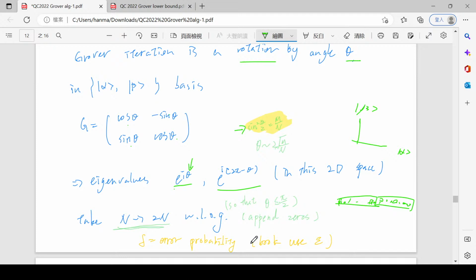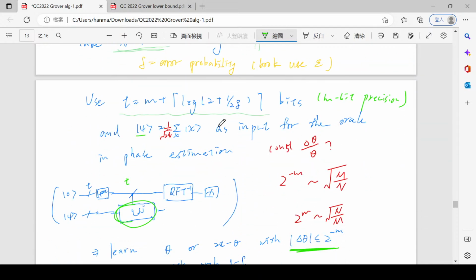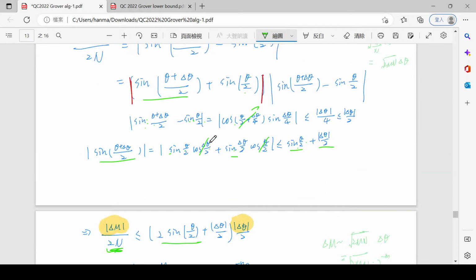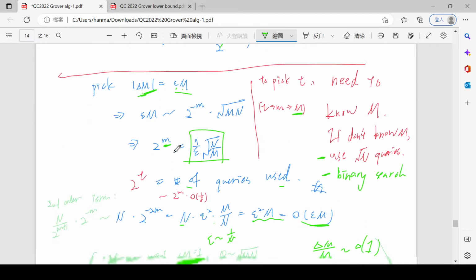So that's the idea. And then we run through a whole bunch of calculations to see what the precision of your phase estimation is, how that relates to the precision on theta, and how it relates to the precision on m. We do this quite carefully, and there are extra terms, very annoying.